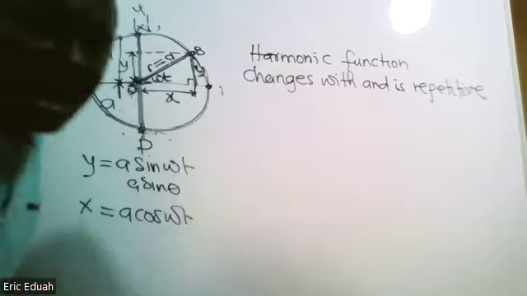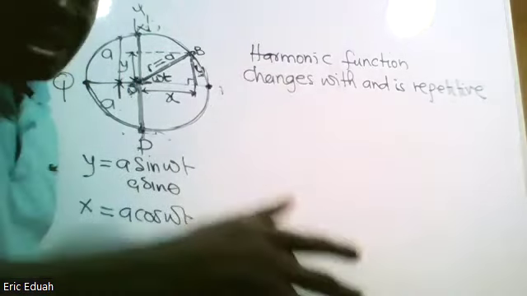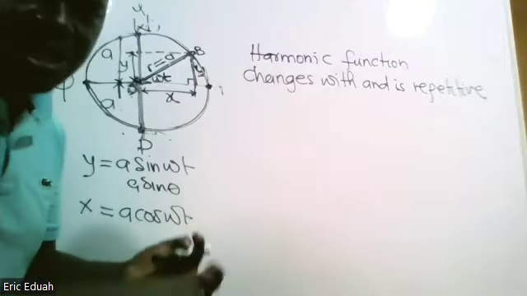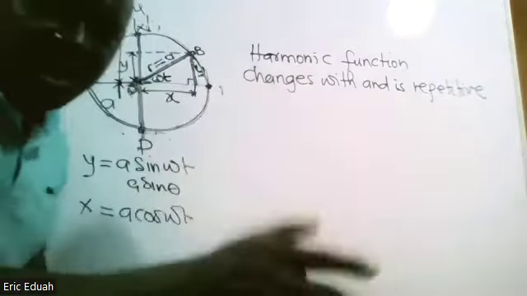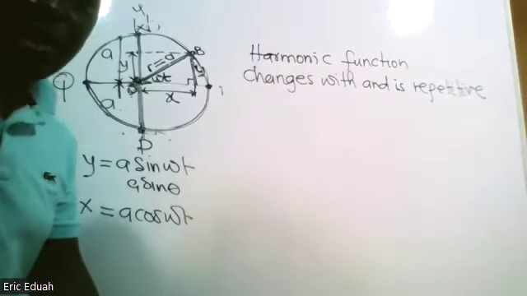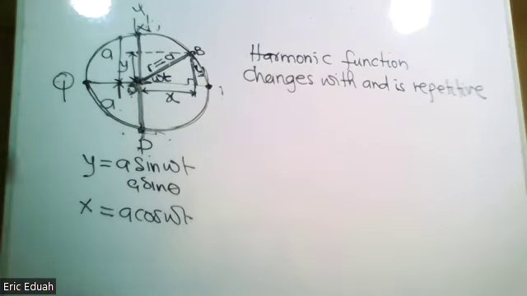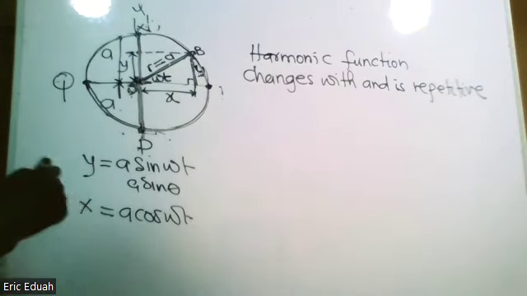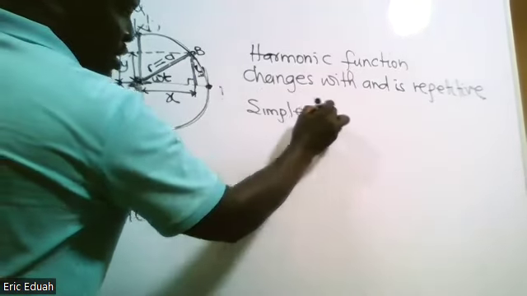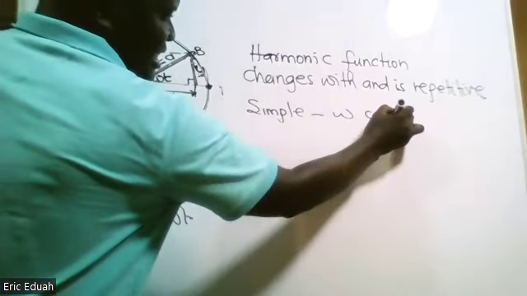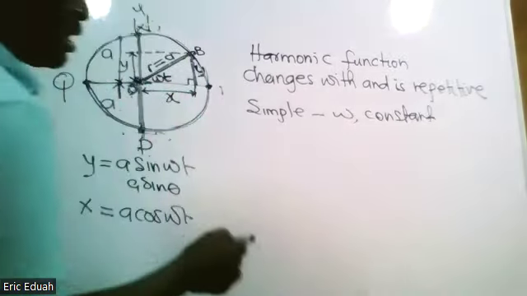So this up and down or to and fro thing changes with time. The displacement changes with time, and that thing is also repetitive. It is repeated all the time. So the reason for which in SHM, simple, because omega is constant. Any harmonic function has a constant angular velocity.